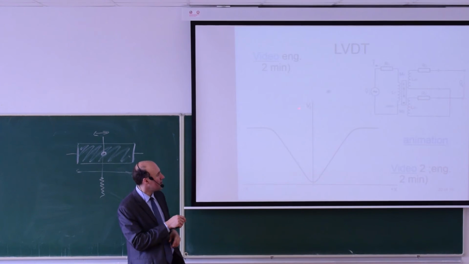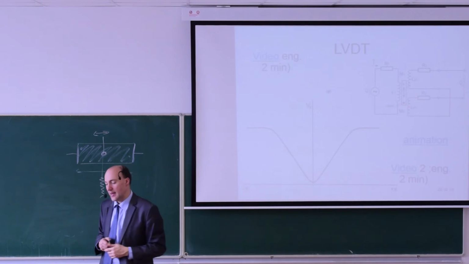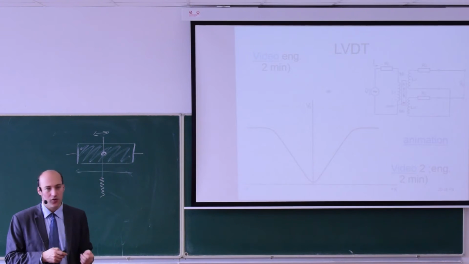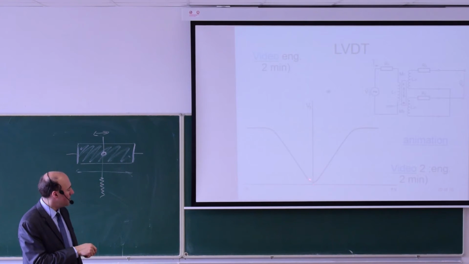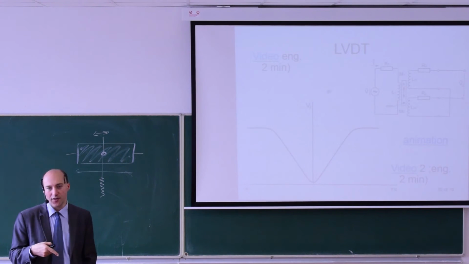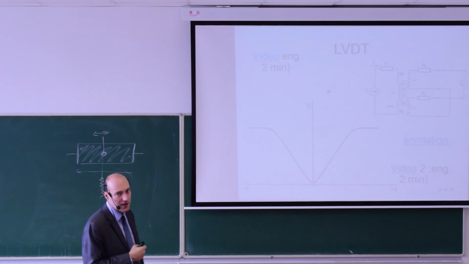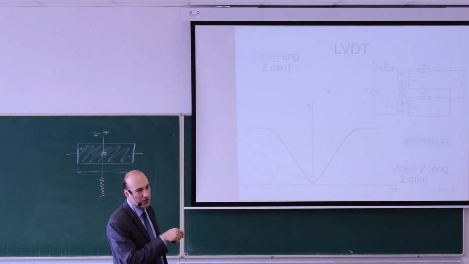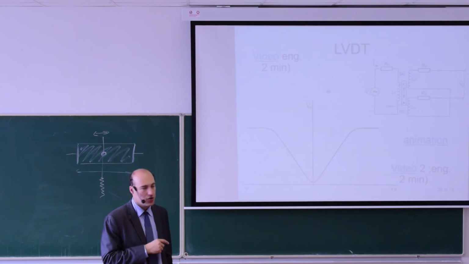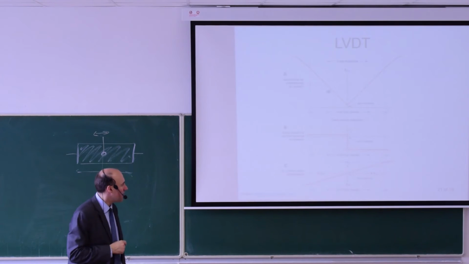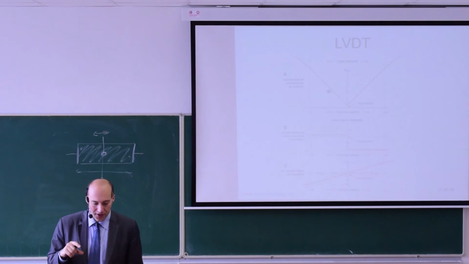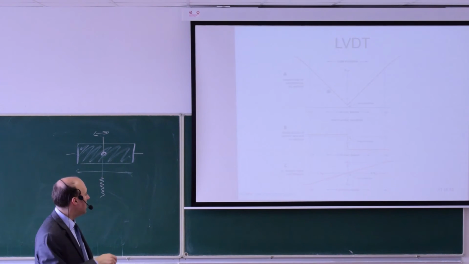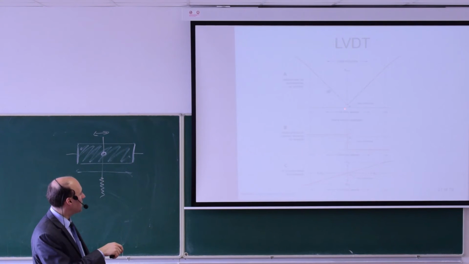The voltage that you see here is measured with a voltmeter. But if we measure it with an oscilloscope, we'll see that also at this point something else is changing. This something else is the phase shift. So if I look at the phase shift between this voltage and this voltage, we'll see that there will be a change. If I combine the voltage and the phase shift together, this is the magnitude of the voltage, and this is the phase shift.